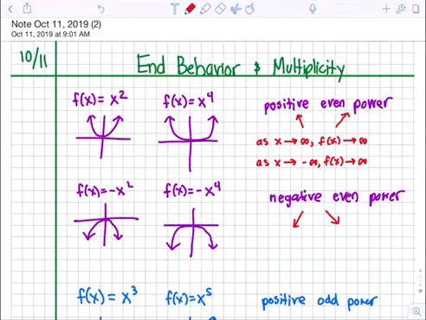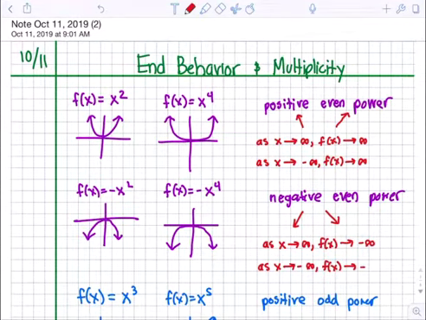And to describe this: as x approaches infinity, f of x approaches negative infinity. And as x approaches negative infinity, f of x approaches negative infinity.